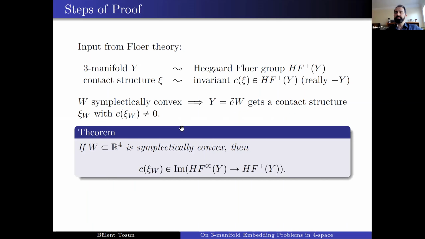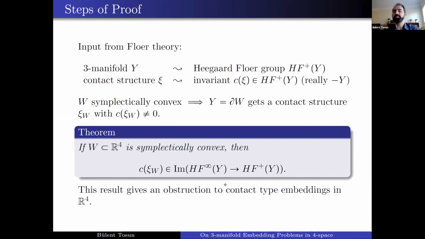Now the first theorem that we will prove is that if your domain is symplectically convex in R4, then the contact class has to be in the image of HF infinity into HF plus. Another way to say it: HF plus has this finite dimensional piece, the so-called reduced homology. What this theorem is saying is equivalent to saying that the contact class has to be zero in the reduced homology. So that is the theorem. In particular, this is our obstruction to contact type embedding in R4.